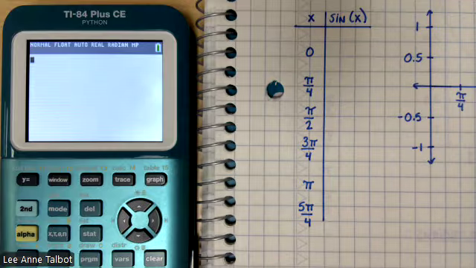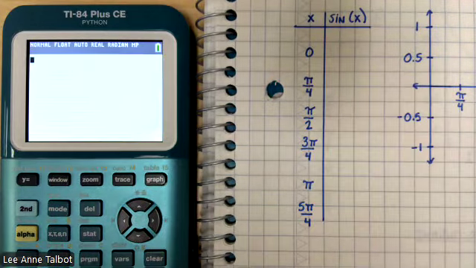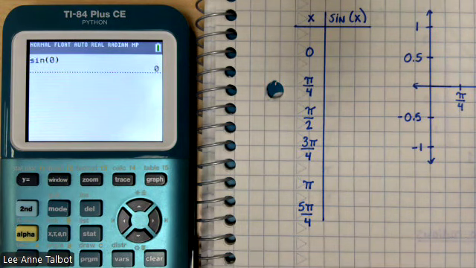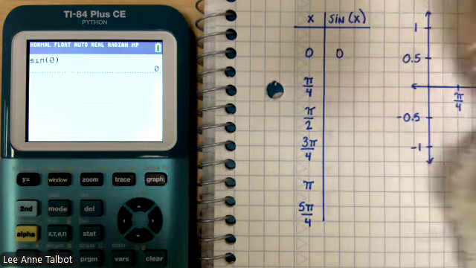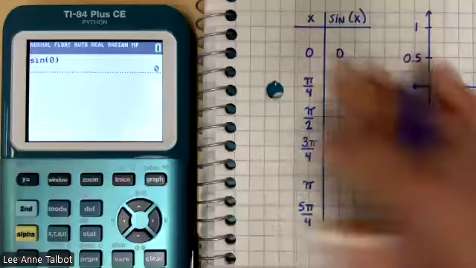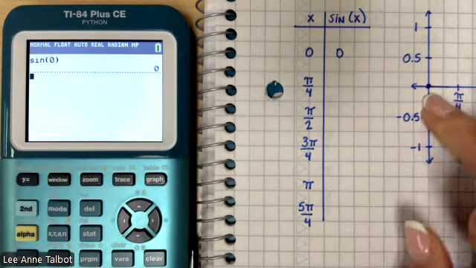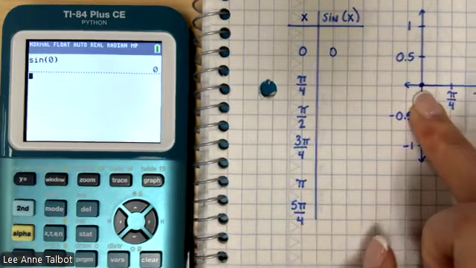Okay, and I'm going to fill out this table. So sine of 0, what should that be? Sine of 0 degrees is 0. Sine of 0 radians is also 0. So you're going to get this, and then you're going to come over here and graph this coordinate at 0, 0.